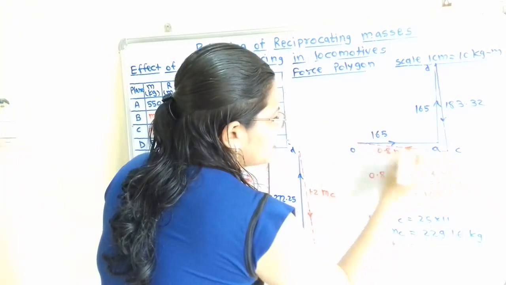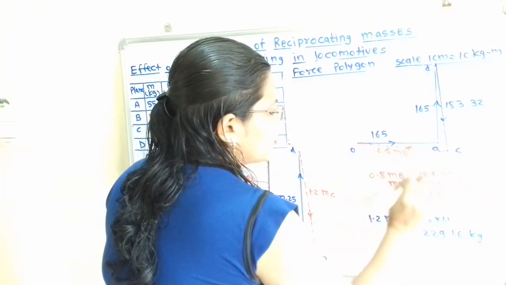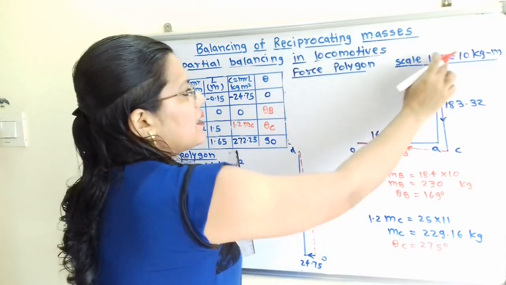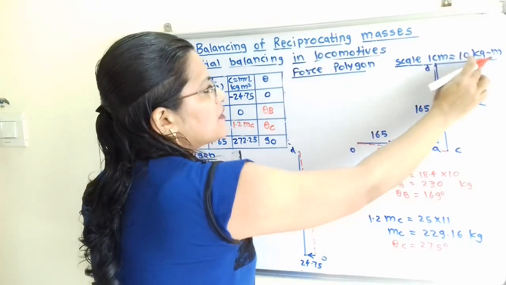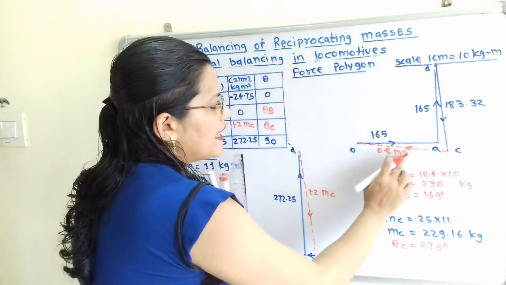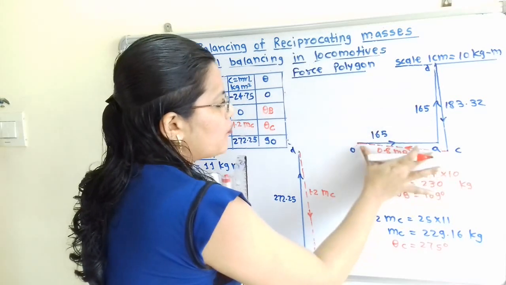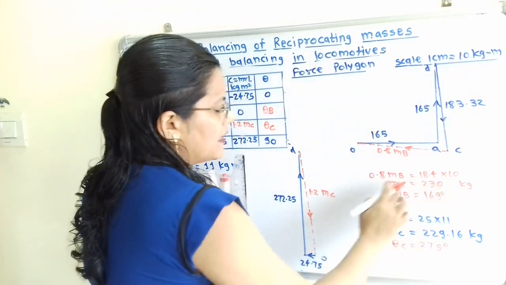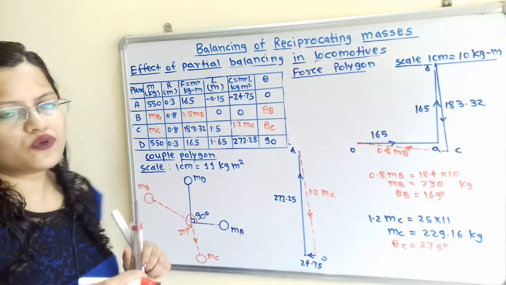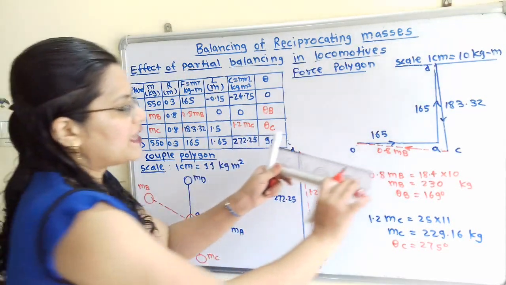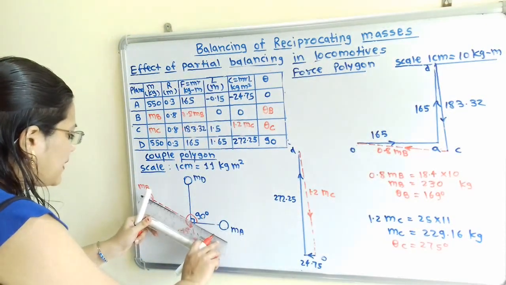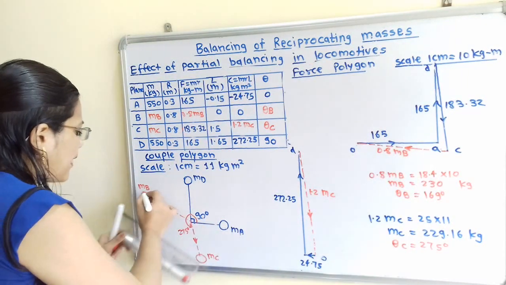Now if we measure from C to O on this scale, it is 18.4 centimeter. With the scale 1 centimeter equal to 10 kilogram meter, we calculate 0.8 MB is equal to 18.4 multiplied by 10, so MB is equal to 230 kilogram. Now how to measure the angle? We transfer this line C to O as it is in this diagram, and plot the mass MB.